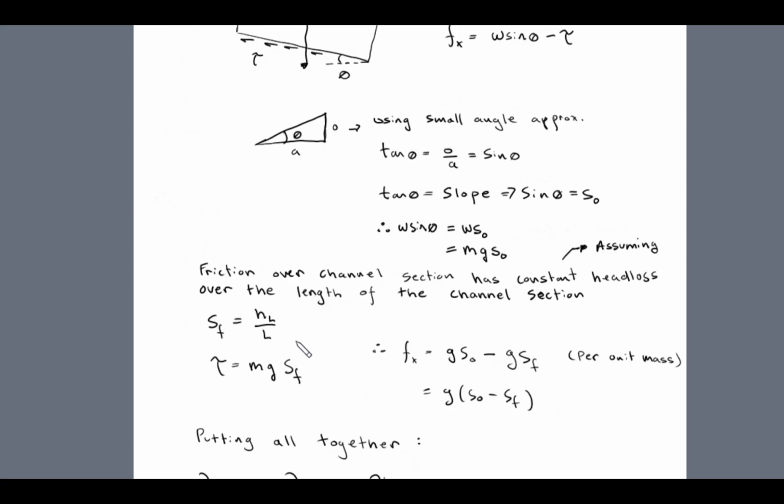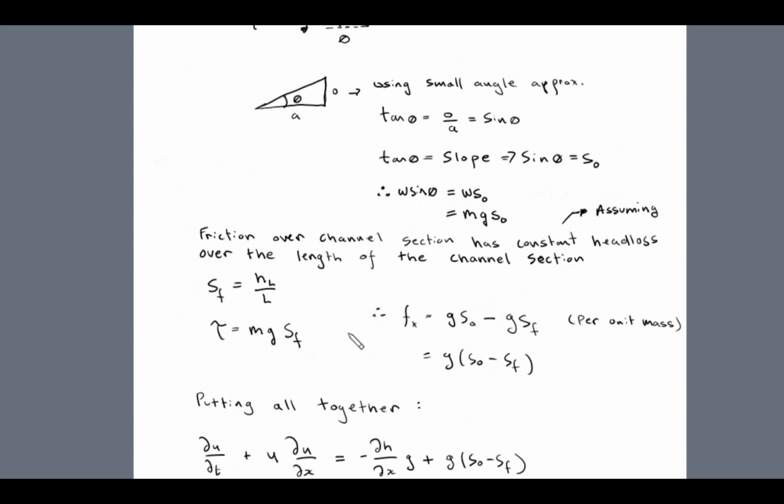So that's essentially a slope, and in this we're not assuming that the energy grade line is equal to the bed slope yet. So therefore we can define tau, the friction, to be mg times the friction slope.